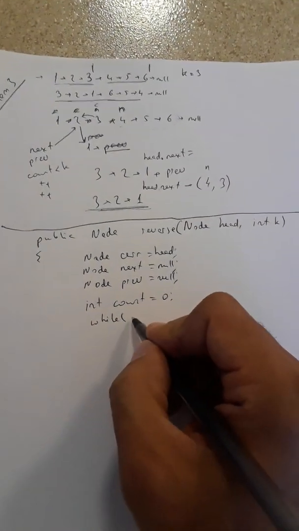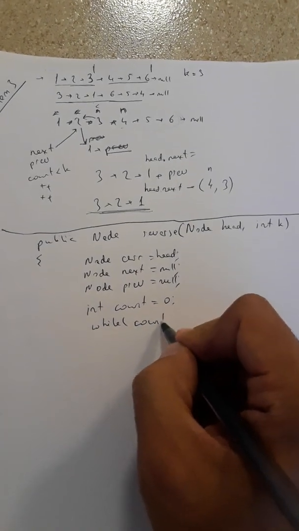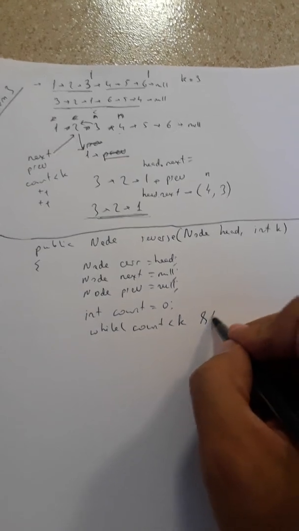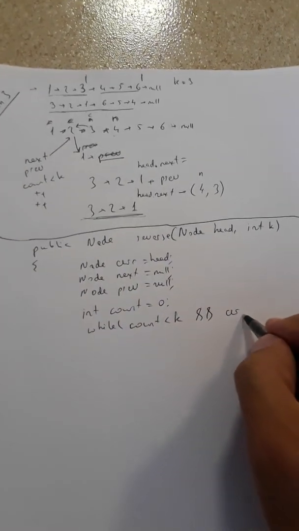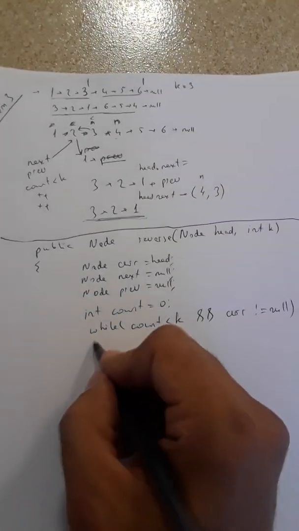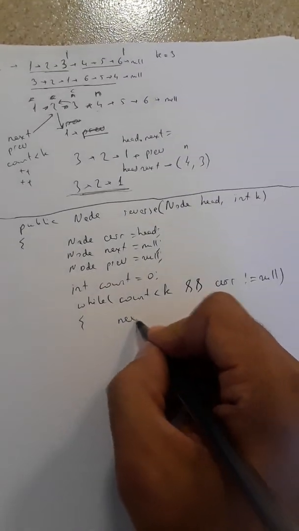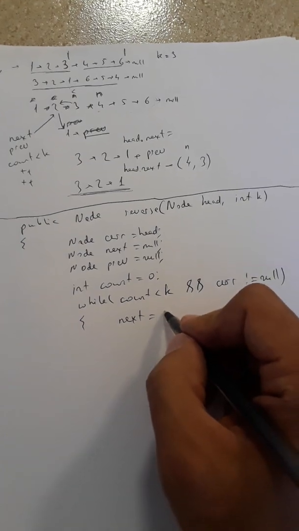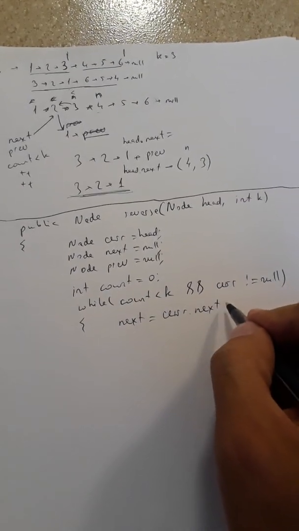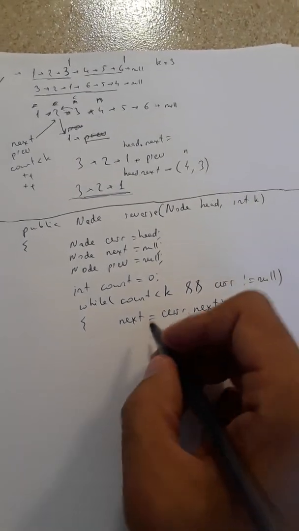So we will initialize our while loop where our counter will be less than k, and at the same time when our current is not equal to null. Then in our while loop, the first thing is that we will always point next to current next.